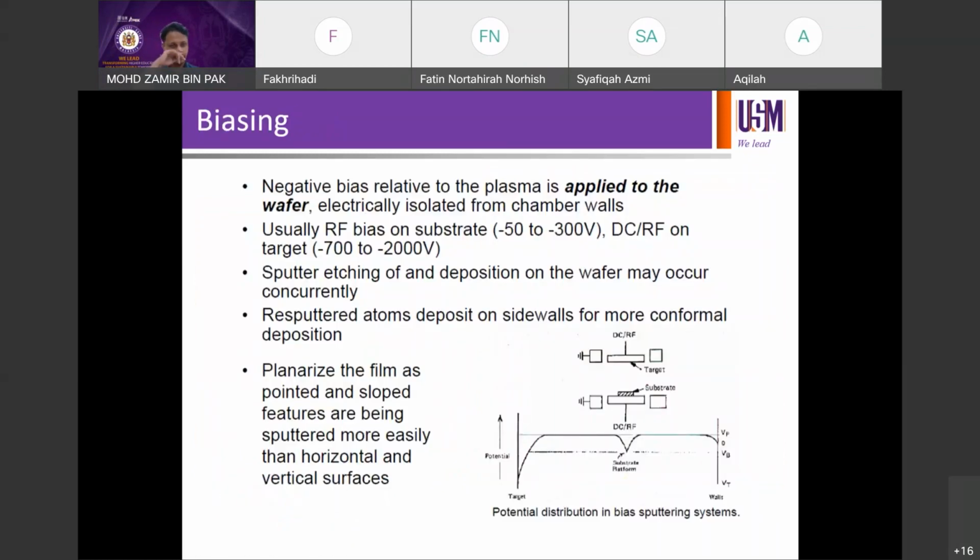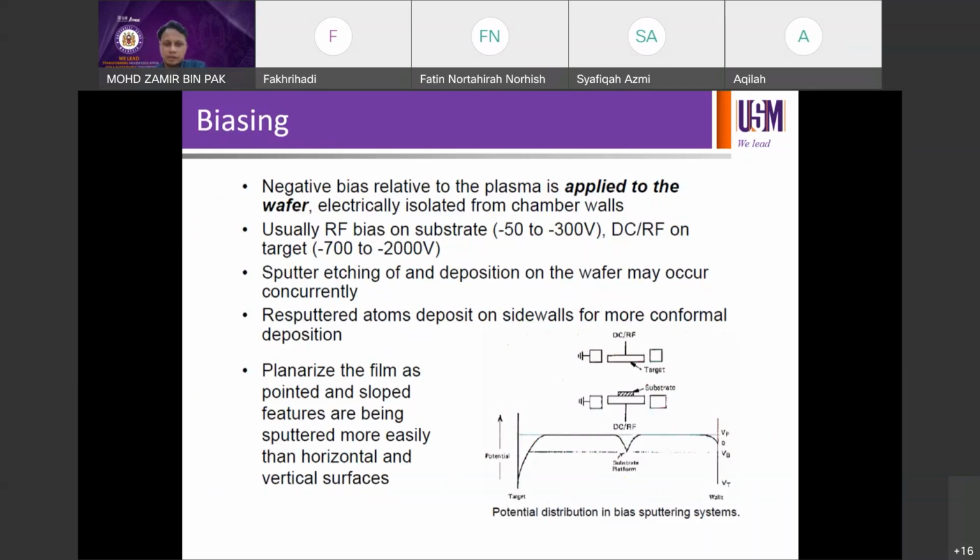Right, another area during the process or of the process that you want to learn is called biasing. Okay, what is biasing? Biasing means negative bias relative to the plasma is applied to the wafer. For example, maksudnya you apply bias to the wafer or the substrate lah, electrically isolated from chamber wall.